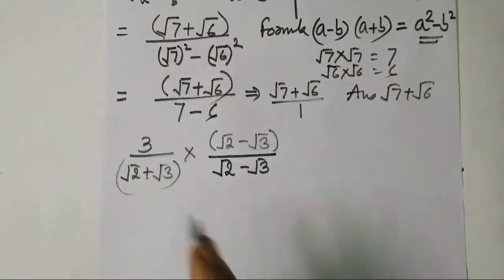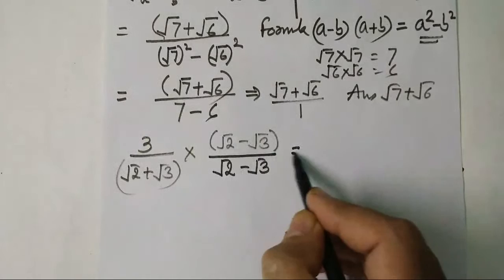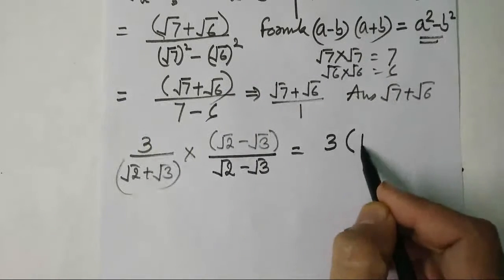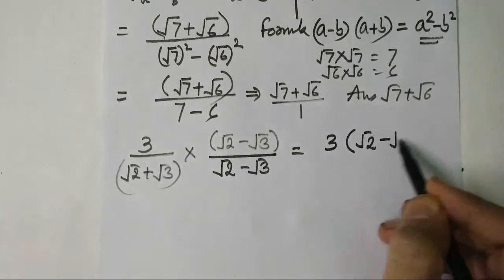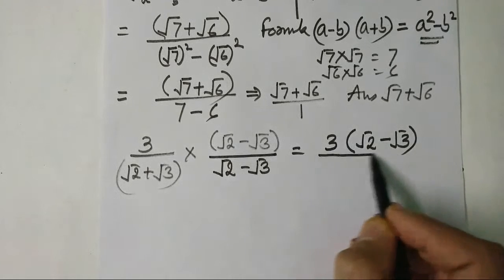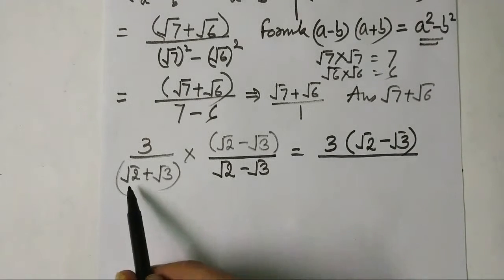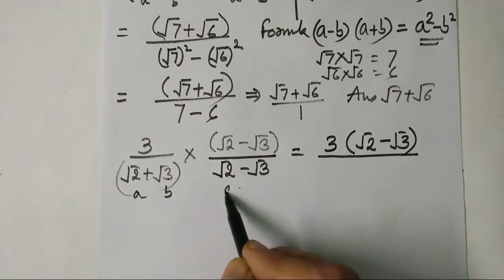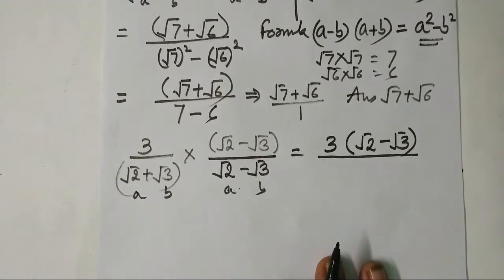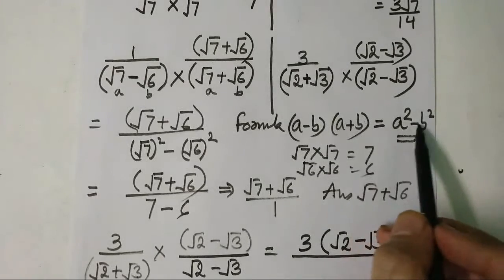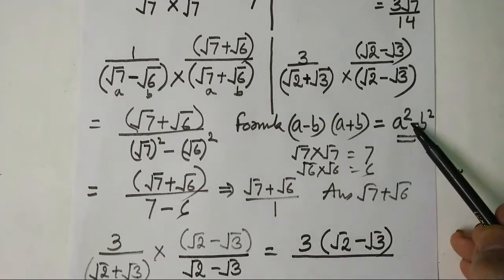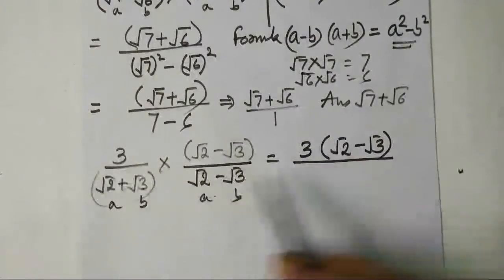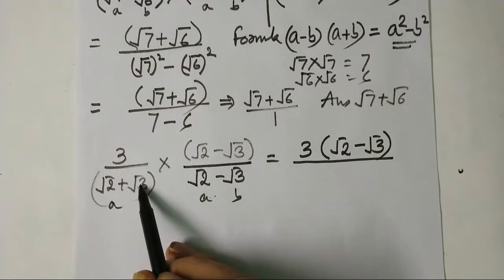When I do this, the numerator will become 3 bracket root 2 minus root 3. And the denominator will be solved with a plus b into a minus b. Again, same formula, a plus b, a minus b, which is a square minus b square.